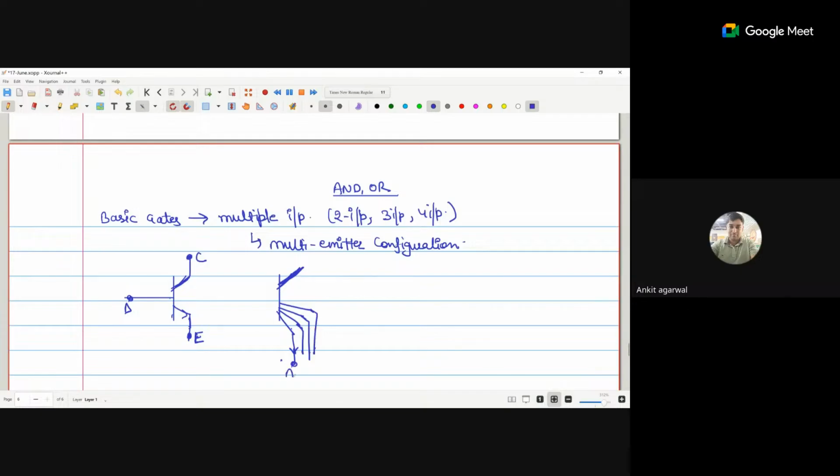So I'm using A, B, C, and D. Collector is one and gate is one. So we are creating a 4 emitter, multi-emitter configuration in the transistor. We can use this as a 4 input gate. So basic gates with multiple inputs are possible.